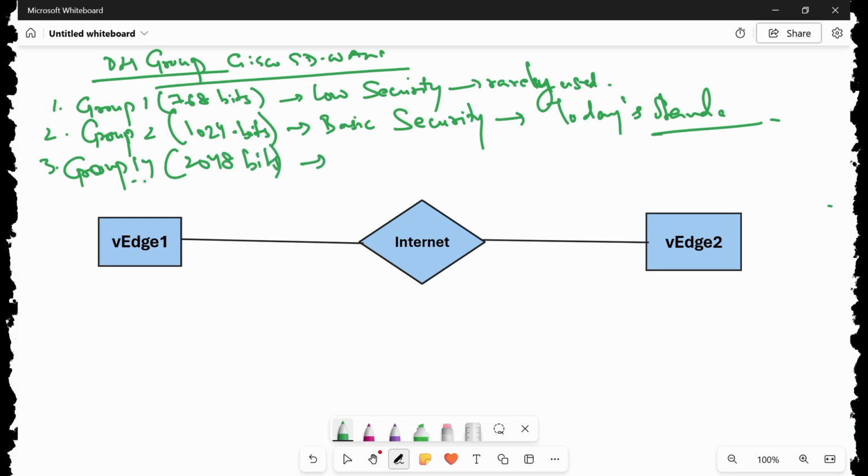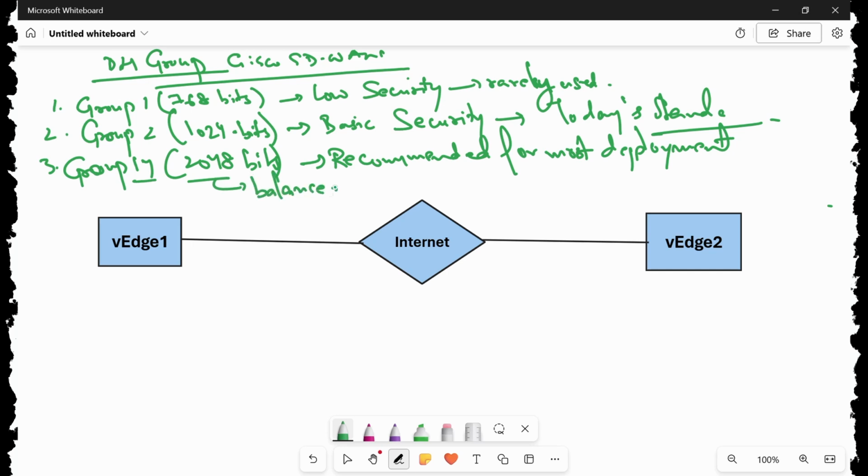And this group 14 is basically recommended for most deployments because it has a balanced security and performance.